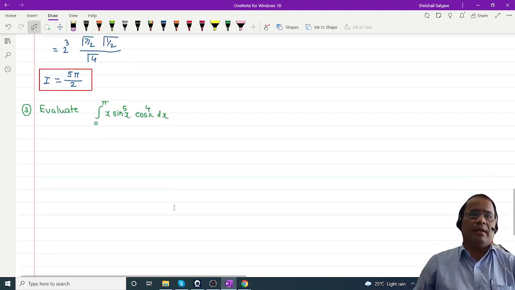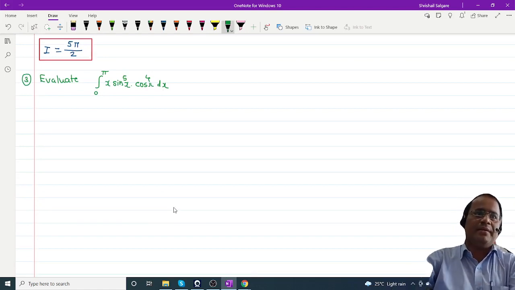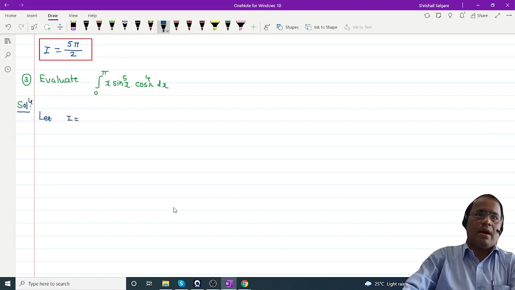First I will call the given integral I. So let I equal the integral from 0 to pi of x into sin x raised to 5 into cos x raised to 4 dx.